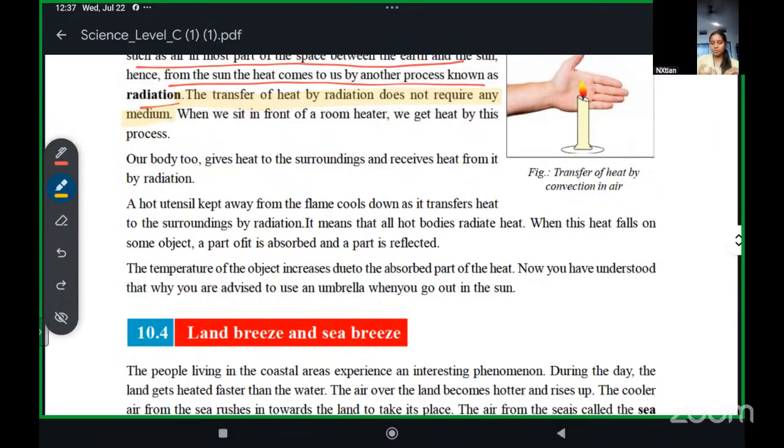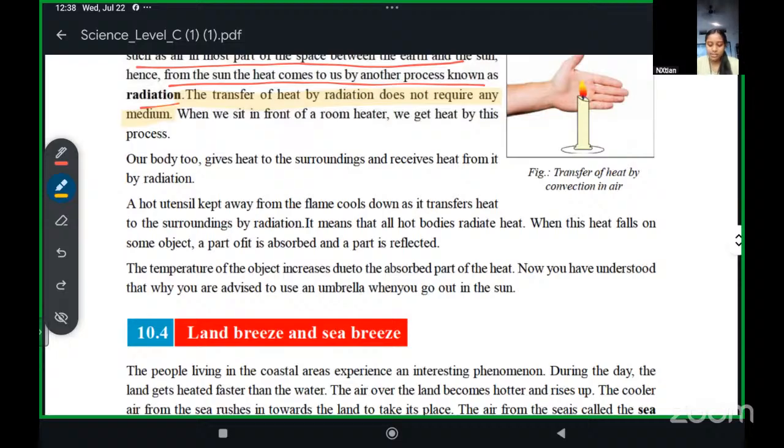Absorption and reflection we will discuss more in the light chapter, when we will see deeply how reflection and everything takes place. The temperature of the object also increases due to the absorbed part of the heat. So due to this absorbed heat, the temperature of the body increases.